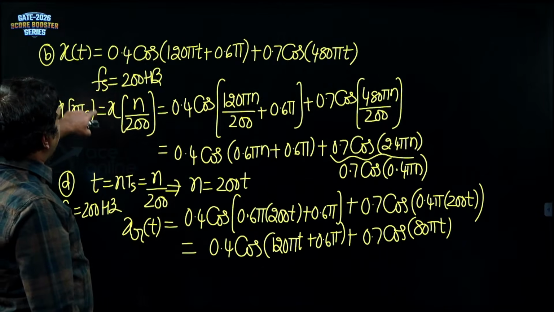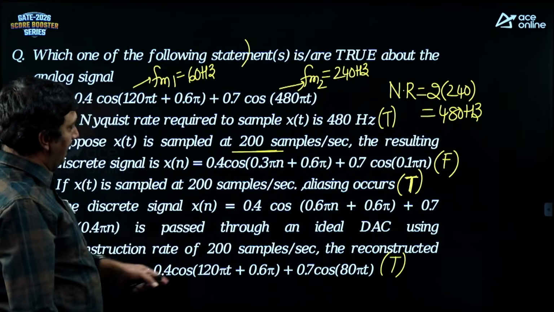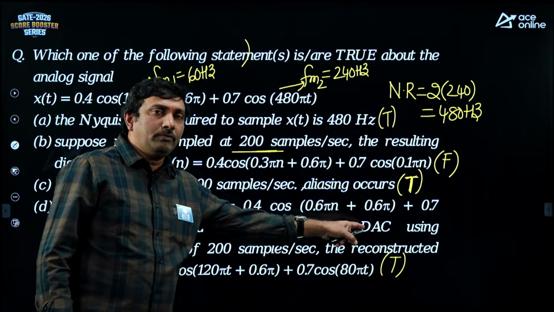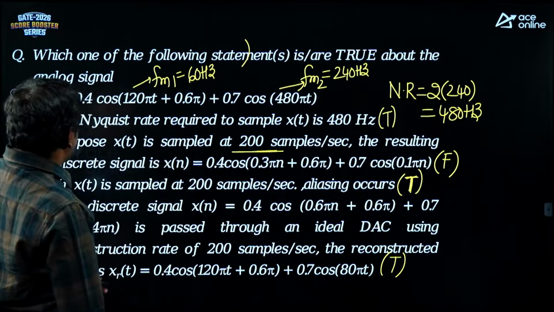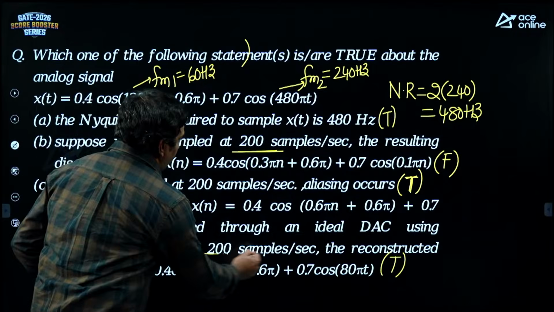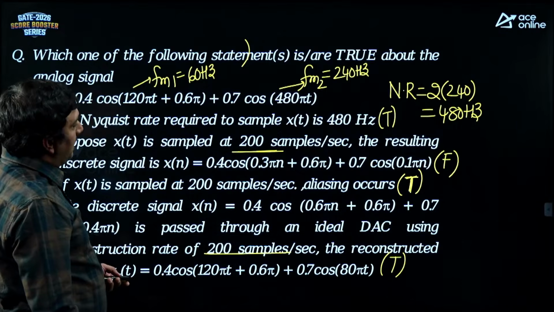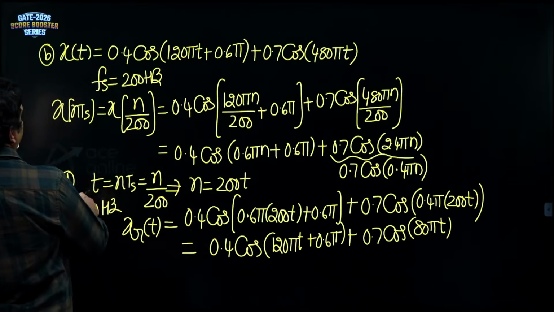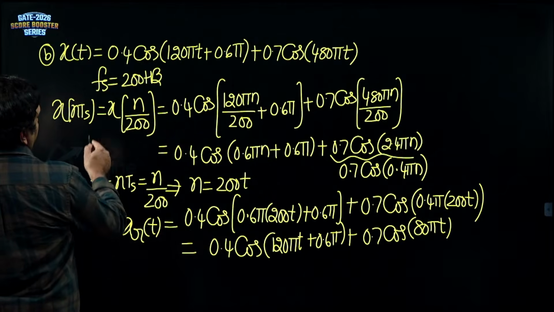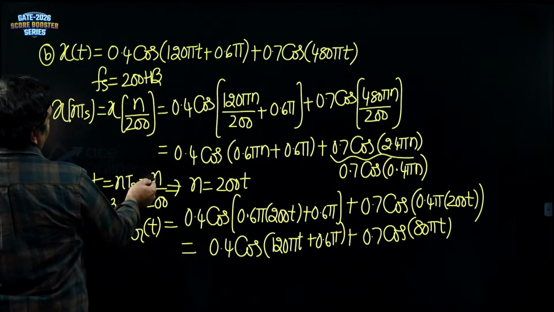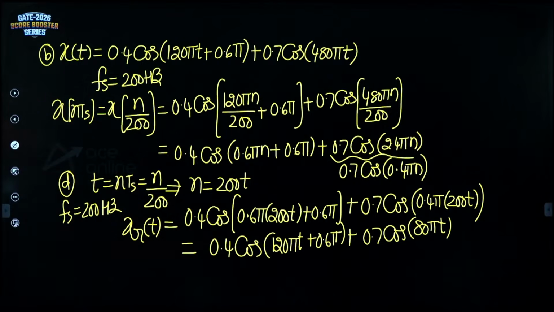From the discrete signal that is available, he wants to reconstruct by using an ideal DAC, D to A converter, which is like an ideal filter. There, using a reconstruction rate of 200 samples per second, he wants to recover the original analog frequency. t is n into Ts, Ts is 1 over Fs. So, in the discrete signal that is available, small n is replaced as 200 into T. We got the answer.